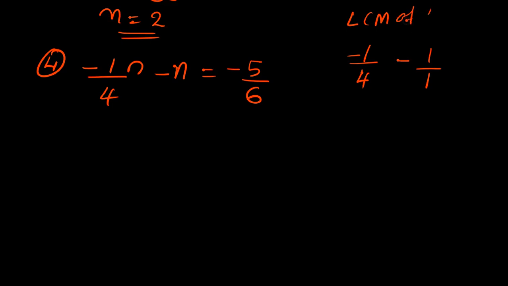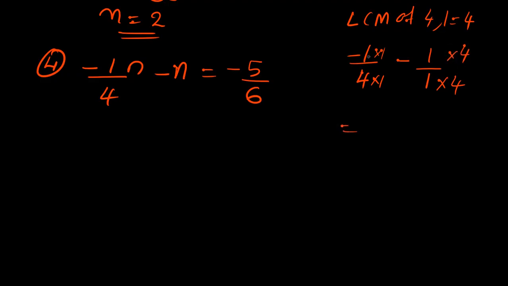The LCM of 4 and 1 is 4 since they don't have any common factors. Here it is already 4, so times 1. Then we have to make this one 4. How can we make this one 4? Times 4, times 4.